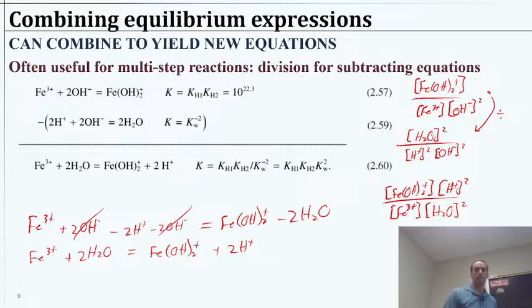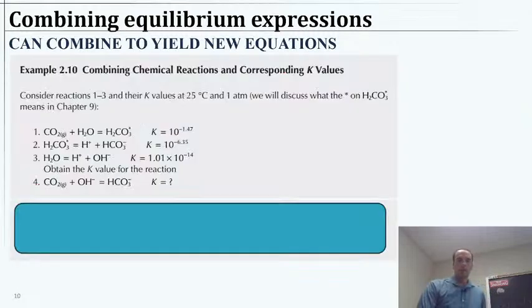All right. Okay, so that's one piece I wanted to take a look at. So let's go through a quick example for that. Make sure that's making sense both conceptually and practically here. So let's consider reactions 1 through 3. The K values at 25 Celsius and 1 atm.